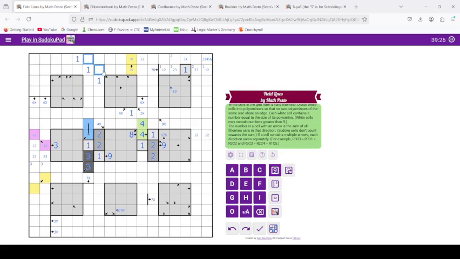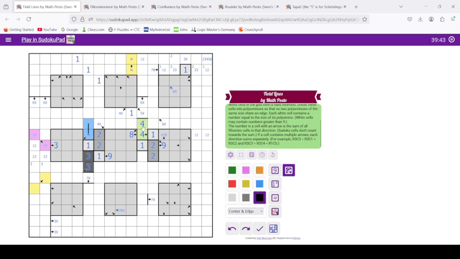This one is at least a 5. It can't be 2, because then 2 would have to come up here and it would break that one. So this is 2, 3 at least, which means this is at least a 5, which means that this one cannot go there.